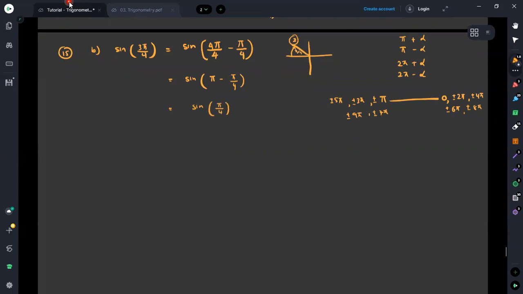Since this is also a commonly used angle, if we identify the commonly used angles, pi over 3, pi over 4, and pi over 6, then we can say sine pi over 4 is equal to 1 over root 2. Then using the concept of associate acute angles, we can easily find the solutions for these obtuse angles as well.